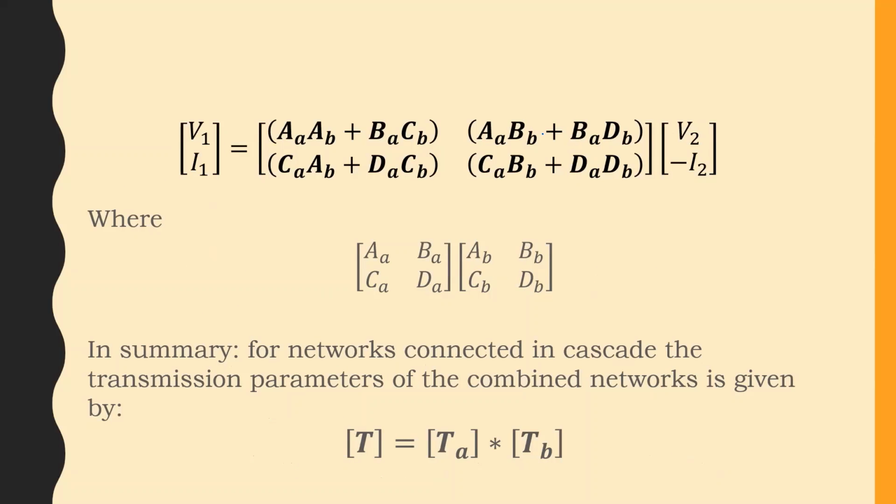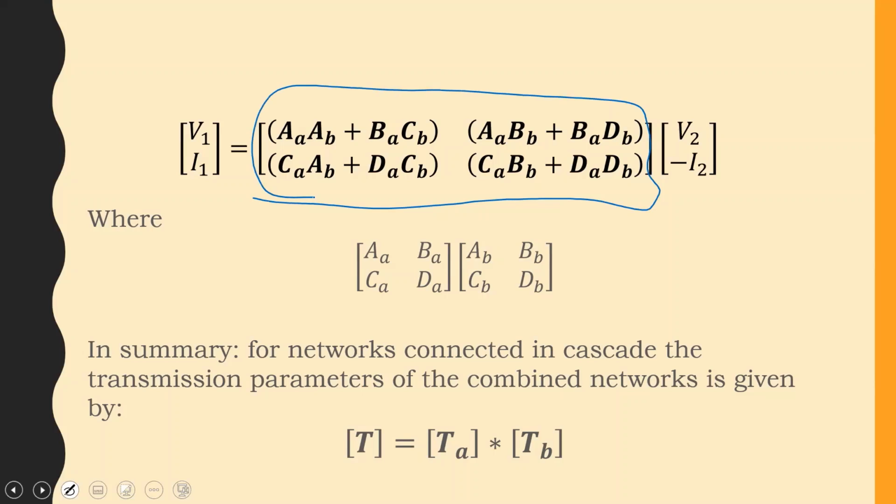So if we put those coefficients that I just highlighted in matrix form, then, again, it's not obvious, but I'm telling you that this is the case. What we have here is really the product of the transmission parameters.